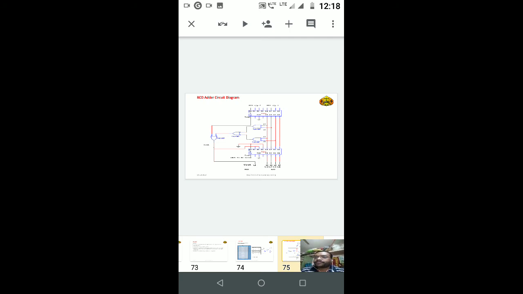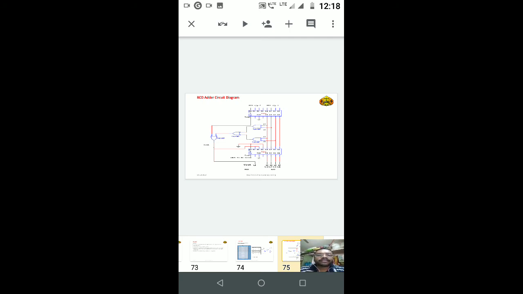Here you see the first IC, which is at the top. You observe that there are two BCD inputs, BCD input 1 and BCD input 2. BCD input 1 is A1, A2, A3, A4, and the second BCD input is B1, B2, B3, B4.